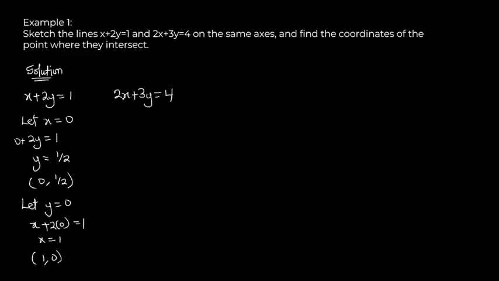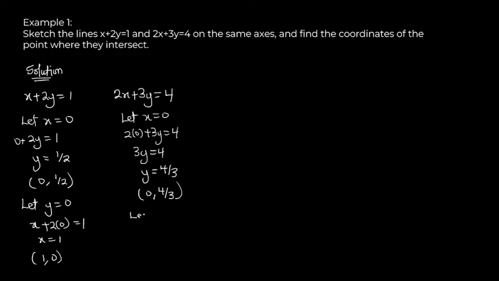Then for the second equation, we do the same thing. We let x be equal to 0, and that gives us 2 multiplied by 0 plus 3y is equal to 4. Therefore 3y equals 4, so y is 4 on 3. So our coordinate is (0, 4/3).